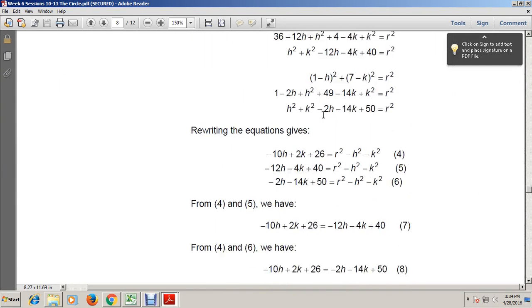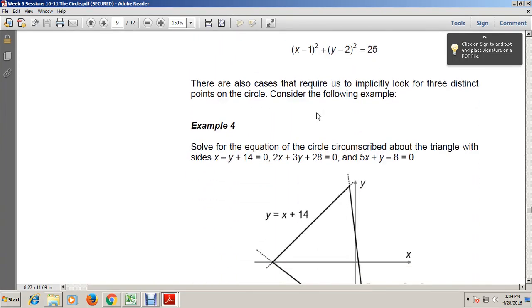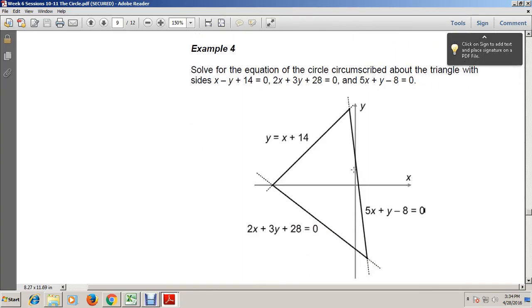Comparing this with example number 4, instead of the points being given, you are given the equations of the lines of the sides of the triangle. So in order to apply the solution that was presented in example number 3, which is in part 1 of the video lecture, you need to determine the coordinates of the vertices of the triangle, and from there you apply the technique that was presented in example number 3.